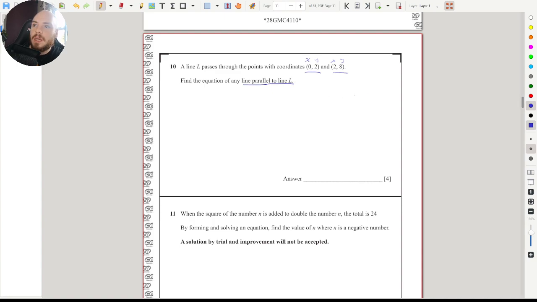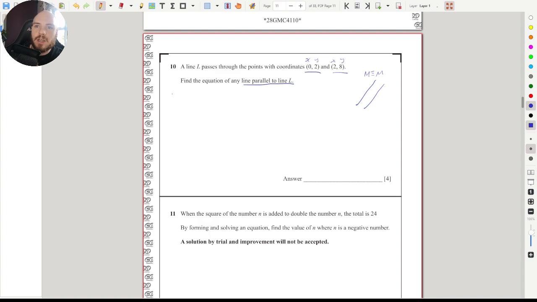Okay, so when lines are parallel, here's two parallel lines, what is the same is the gradient. So m is the same for both, or m is equivalent for both. The gradient of this line is the gradient of that line. What's different?